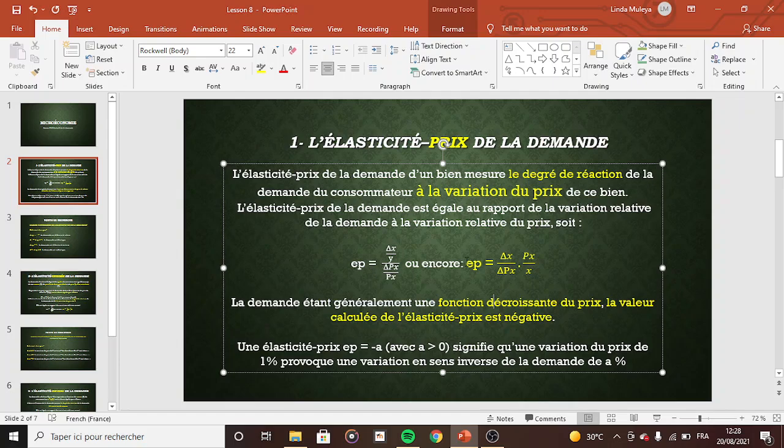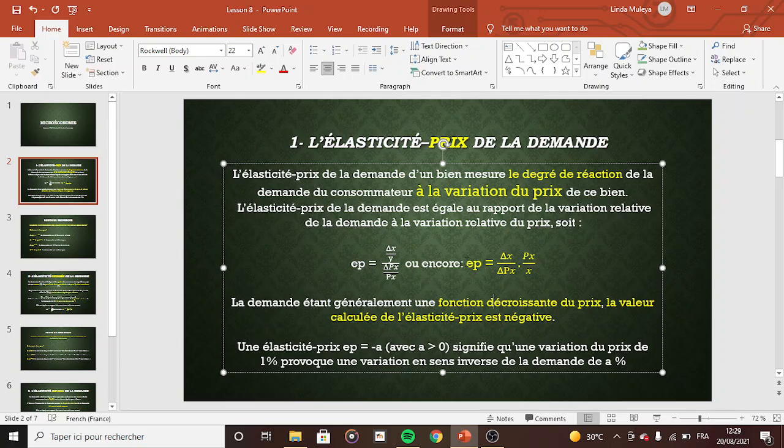That's to say that a variation of your price just by 1% will affect demand in the inverse sense of the percentage of the value A. That's to say that in the degree to which you increase or decrease, usually decrease in this case, or increase, as we saw in the previous lessons, price was decreasing, but it can increase.